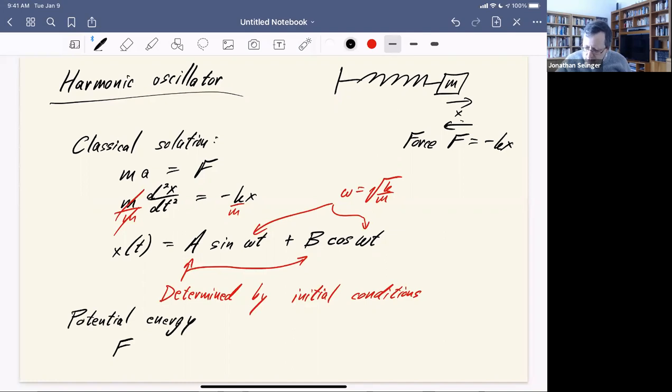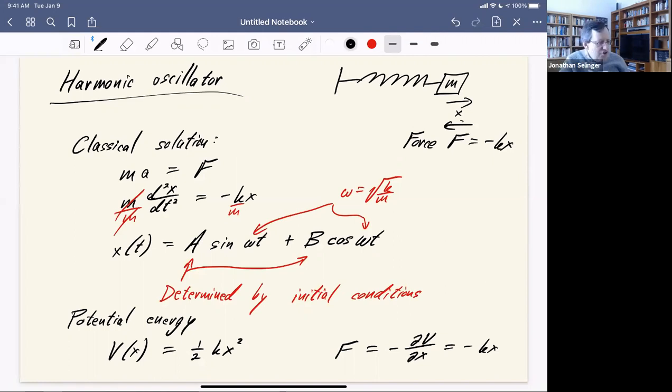Whoops, I didn't mean F, I meant potential energy. V of x is positive 1/2 kx squared. And so the force is the negative derivative of the potential energy with respect to x, so negative kx.